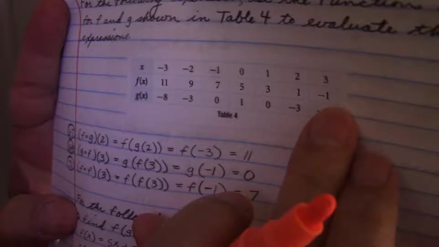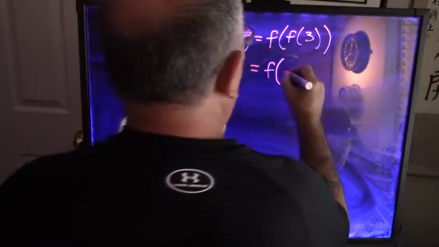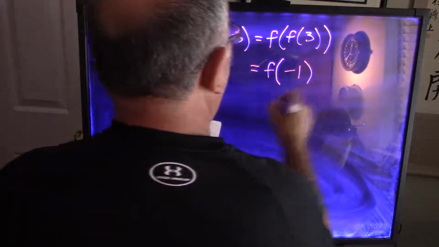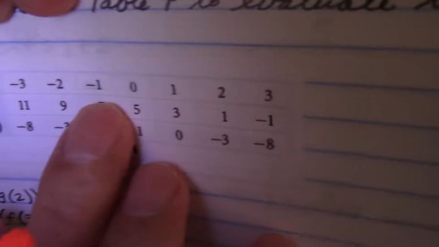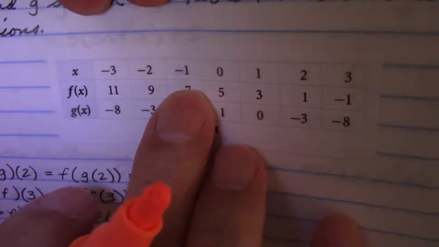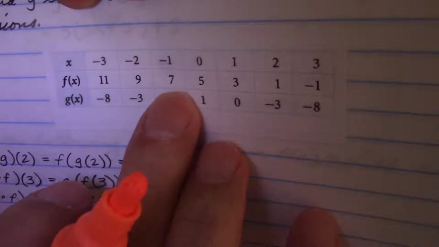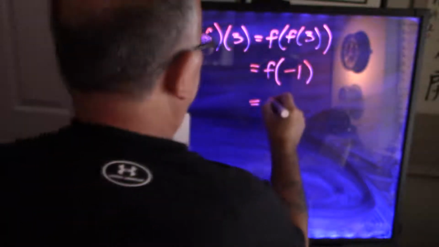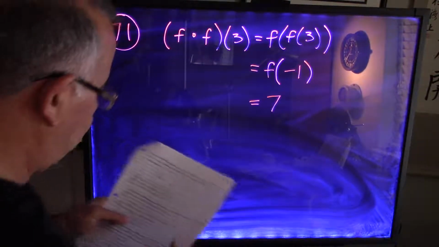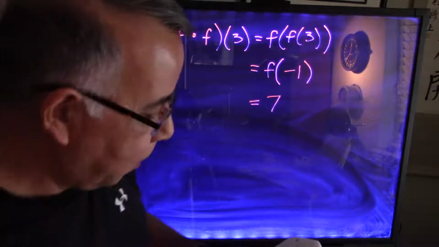F is the second row, so that's negative 1. Alright. Now what's f of negative 1? Find x equals negative 1 right there. And f is the second one down there, that's 7. F of negative 1 is 7. There you go.